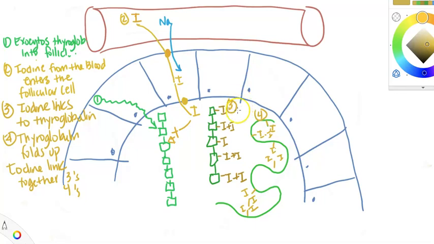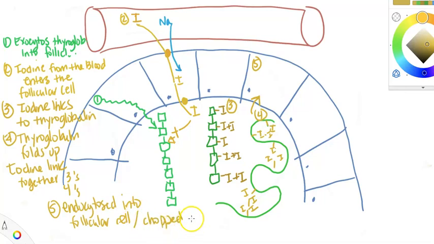Okay, so then when it's time for it to be secreted into the blood, it will be endocytosed back into the follicular cell. And in the follicular cell, so this is what, 5. So it's endocytosed back into the follicular cell, where it is chopped into T3 and T4.